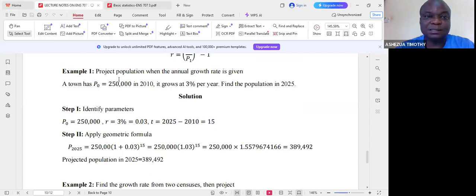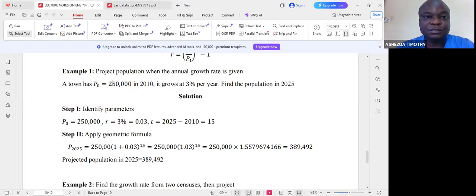As an example 1, project population when the annual growth rate is given. A town has a population of 250,000 in 2010. It grows at 3% per year. Find the population in 2025.